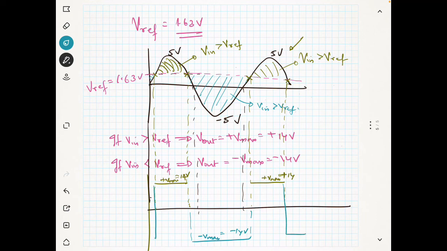So you are getting plus 14 and minus 14. Now I can join these lines properly. This is my output. I hope this is clear to you, right?